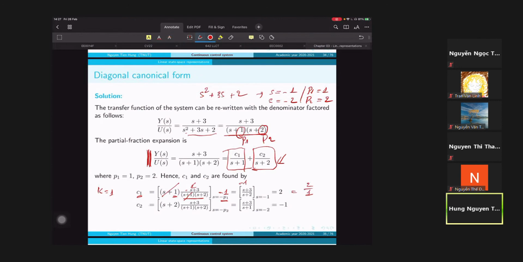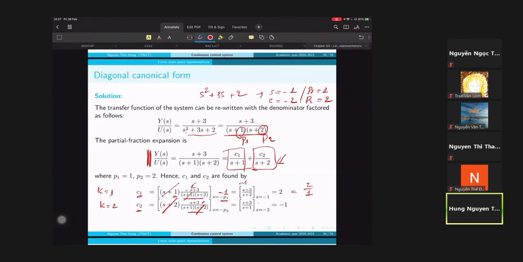Similarly, for k equal 2, we find C2, and we take (s plus P2), meaning (s plus 2), and multiply by the system transfer function. Then we eliminate this and this.